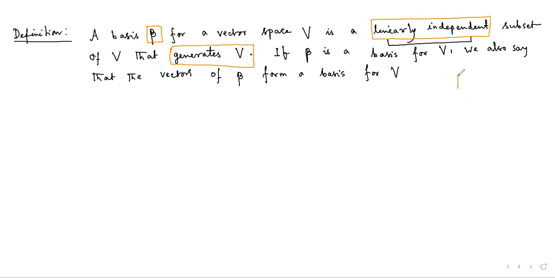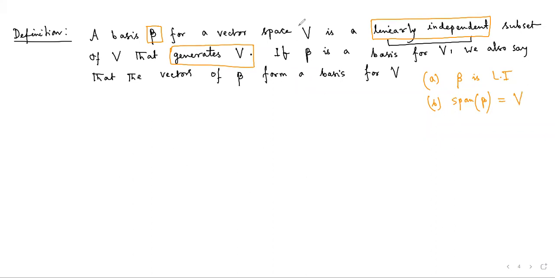That means beta is linearly independent. This is the first criterion, and the second criterion is that the span of beta must be equal to the vector space.